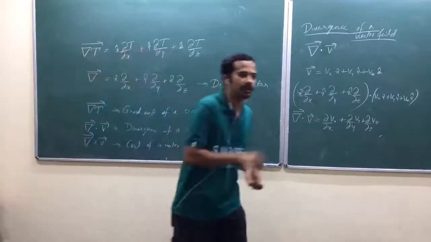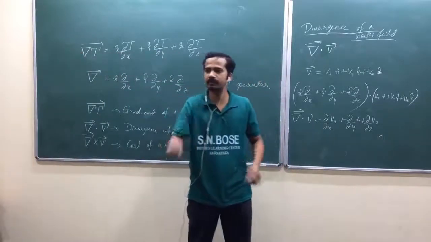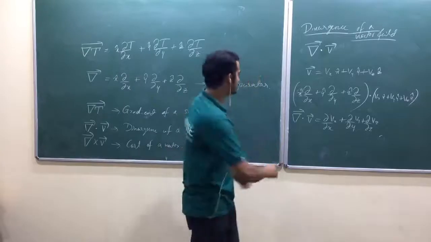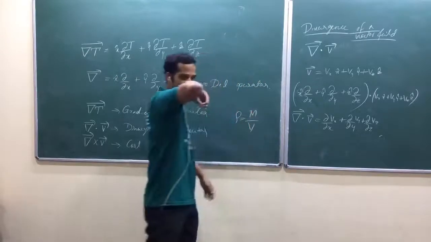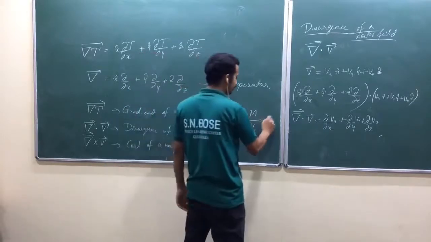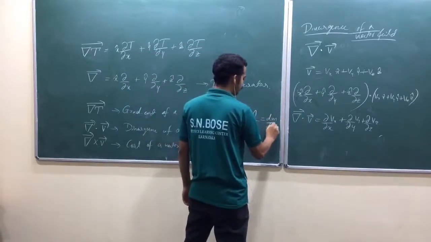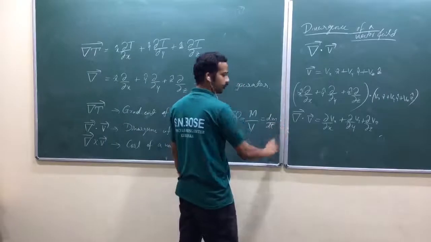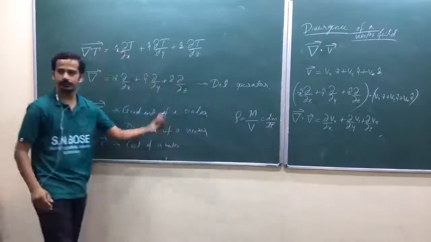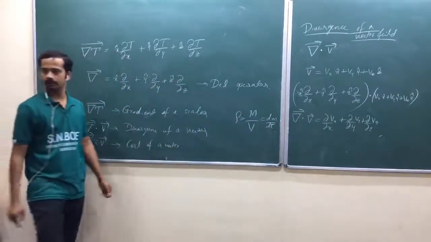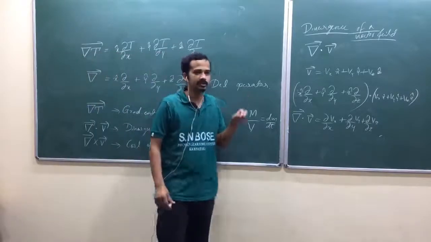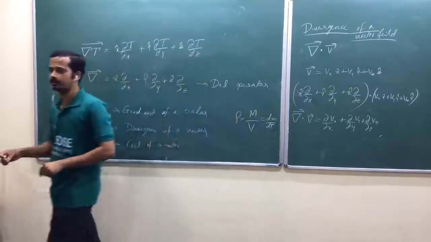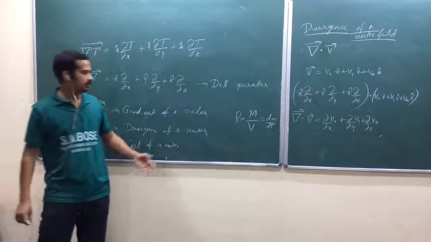What do you mean by that? At different points, you can define different densities. One way of defining mass density is total mass by total volume, and you can define that as dm by dv or d tau. D tau we usually use for volume. You can just write like that. So these densities, either charge density or mass density, are point variables actually.